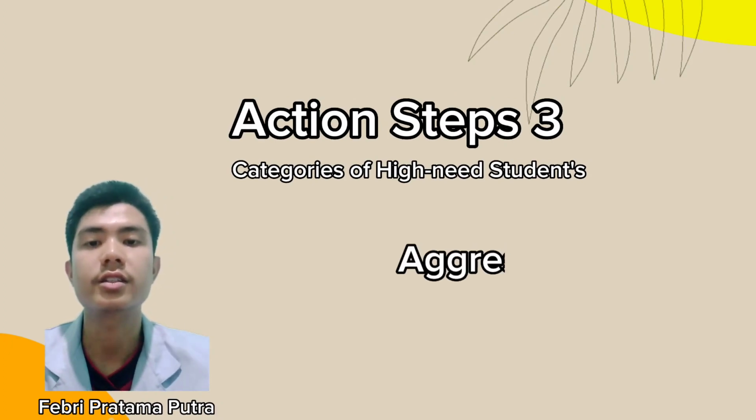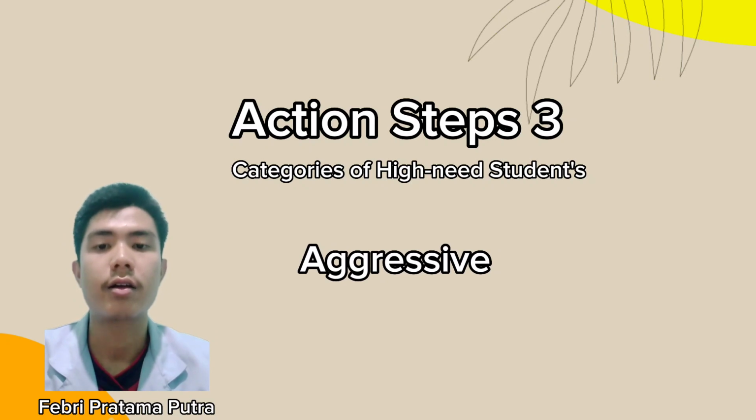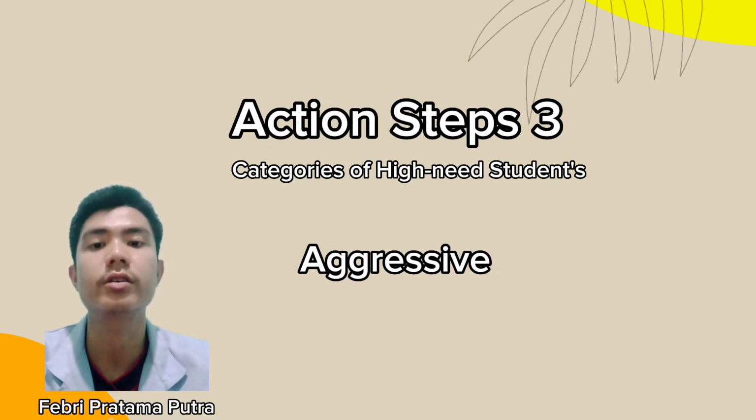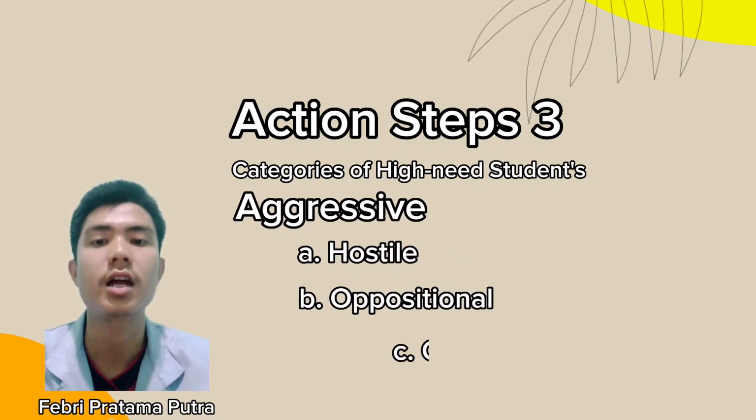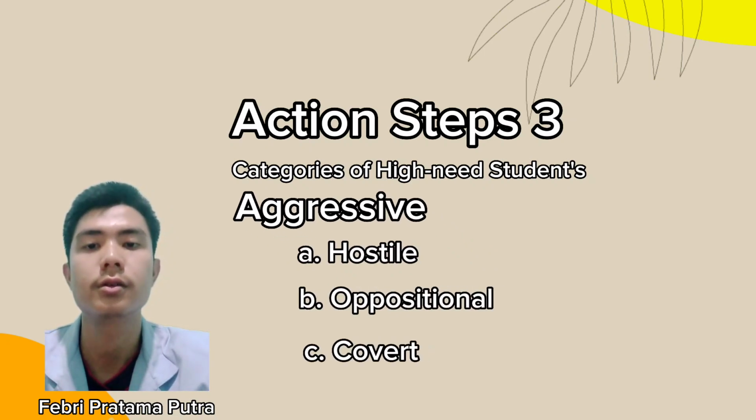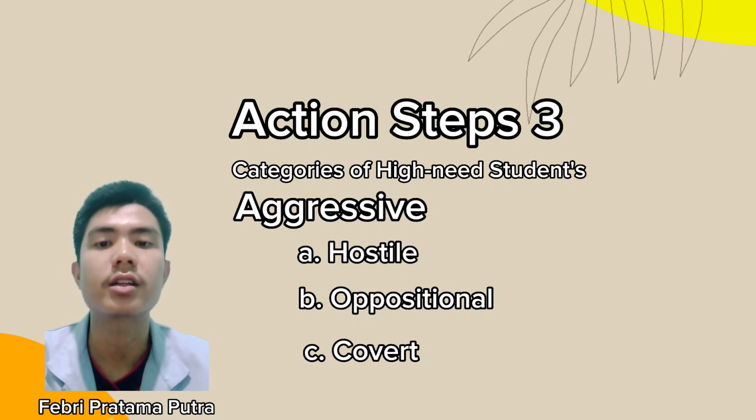The second is aggressive. The category of aggressive students comprises three subcategories: hostile, oppositional, and covert. These categories closely correspond to diagnoses in the Diagnostic and Statistical Manual, or DSM, published by the American Psychiatric Association in 2000.